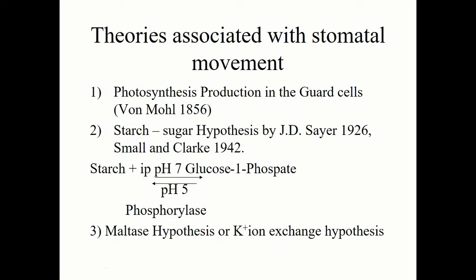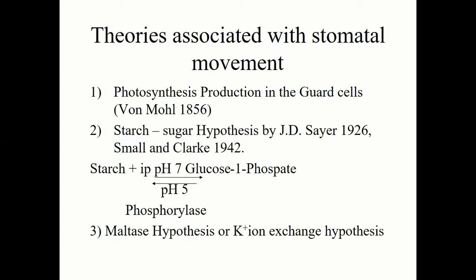There are three important theories associated with this stomatal movement. The first hypothesis is given by the scientist von Mohl in 1856, photosynthesis production in the guard cell. The second hypothesis is the starch sugar hypothesis by J.D. Sayre in 1926, and Small and Clark in 1942.